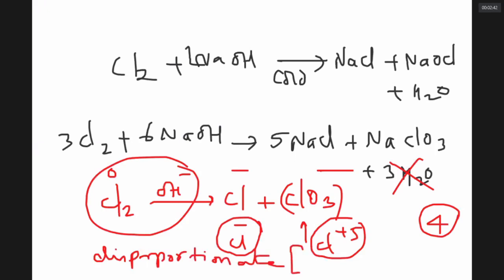It means the element undergoes self-oxidation and self-reduction. Chlorine, when treated with NaOH, undergoes auto-oxidation, auto-reduction known as disproportionation. Even in hot NaOH, it undergoes disproportionation.